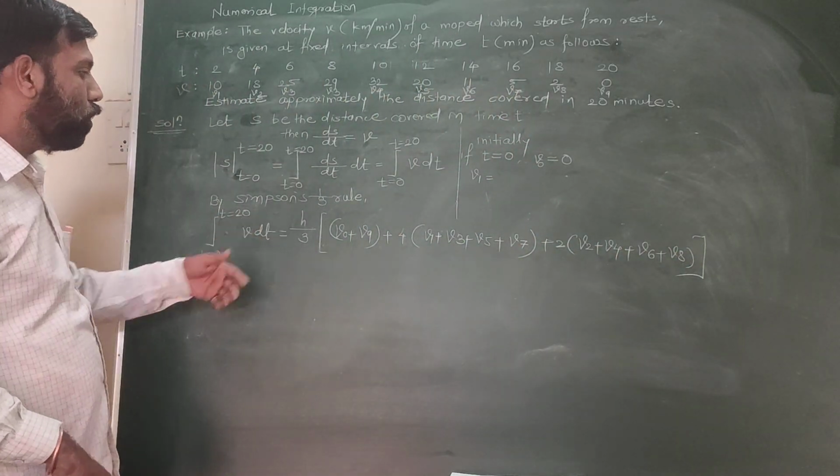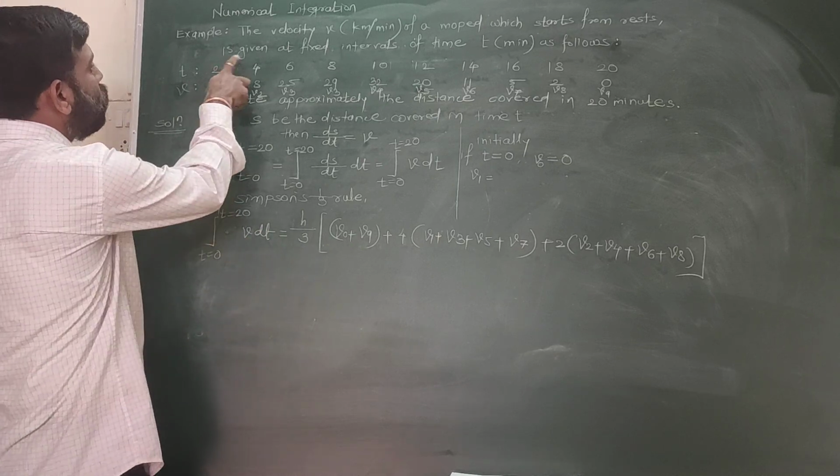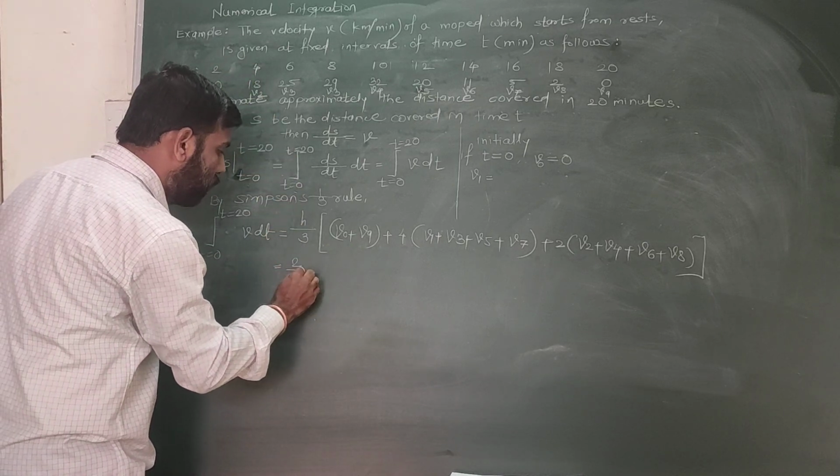So the formula comes like this. The value of h is 2, so 2 divided by 3.